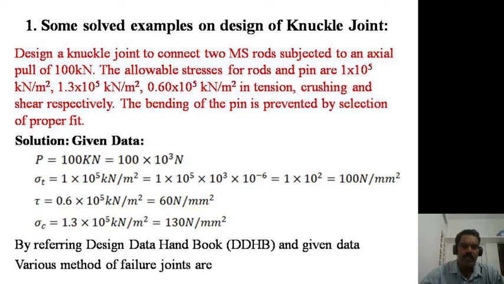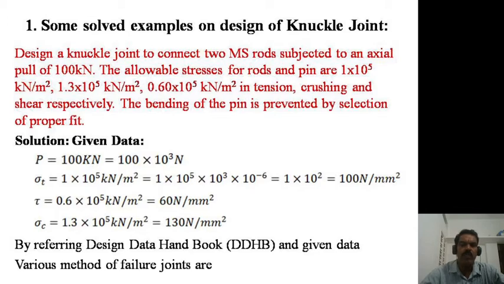The allowable stresses for rods and pin are 1 into 10 to the power of 5 kN per meter square, 1.3 into 10 to the power of 5 kN per meter square, and 0.60 into 10 to the power of 5 kN per meter square in tension, crushing and shear respectively. The bending of the pin is prevented by selection of proper fit.